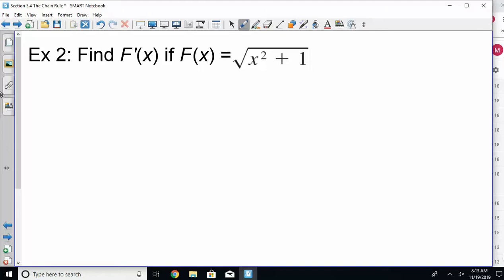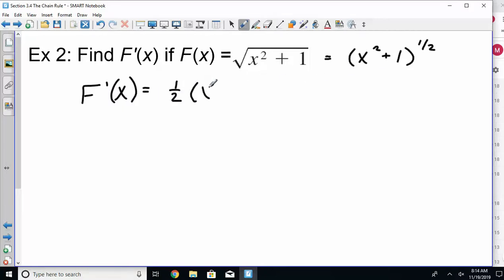If I look at this one, how do we typically start out if a problem has a radical in it? Change it to what power? 1/2. Okay. So my derivative of the outside, so 1/2 comes down.